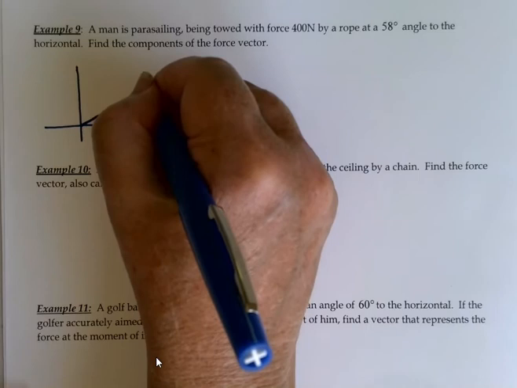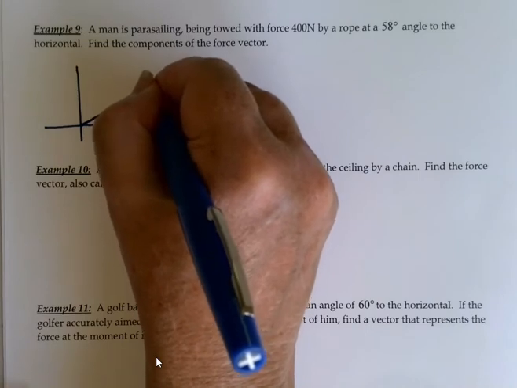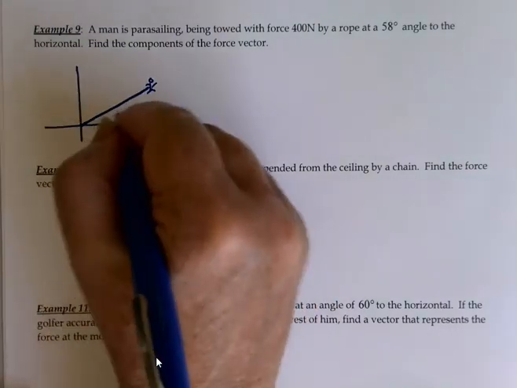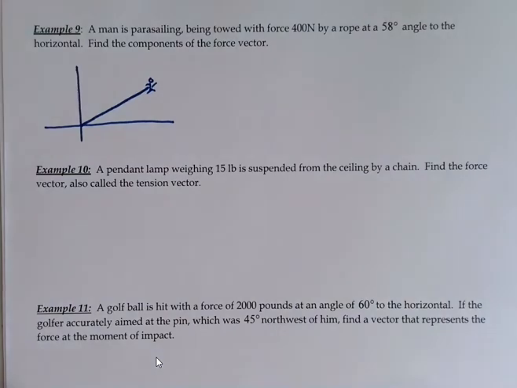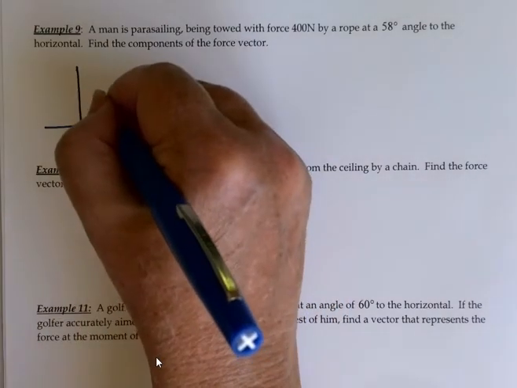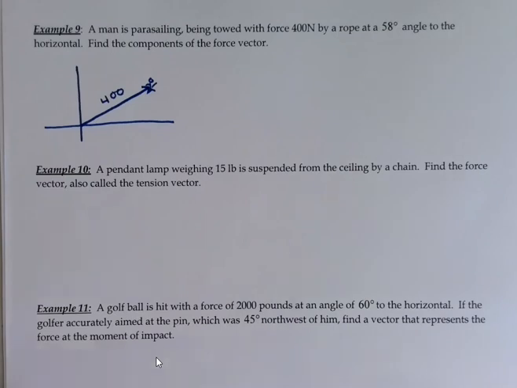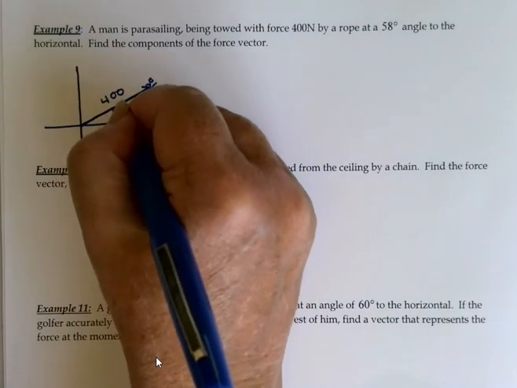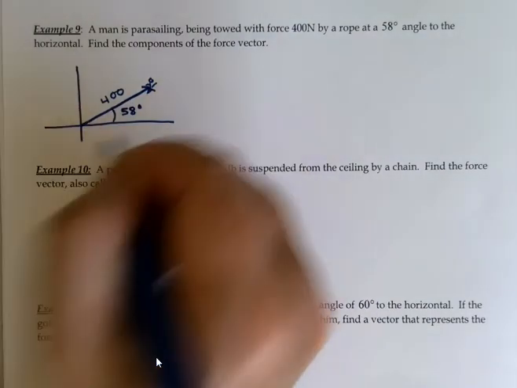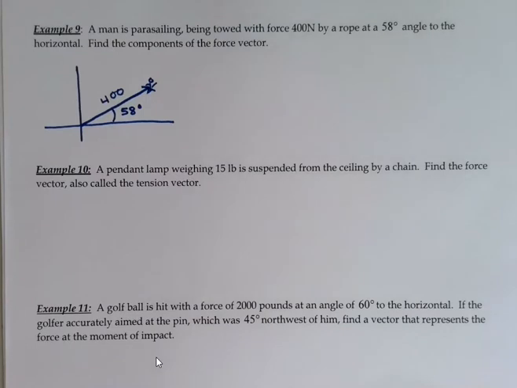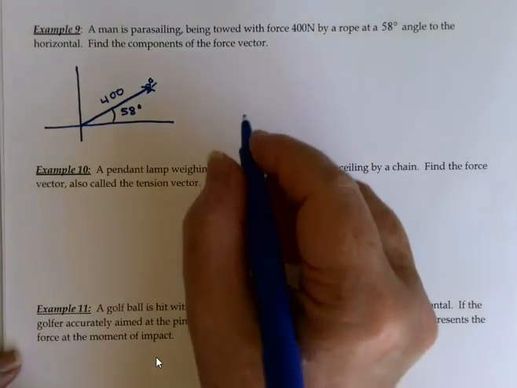Here's my little parasailing man. We do know that the force is 400 newtons, so that would be the magnitude of that vector. And the angle is 58 degrees to the horizontal, so I'm just going to use my positive x-axis as my horizontal. And I want the components of that force vector.